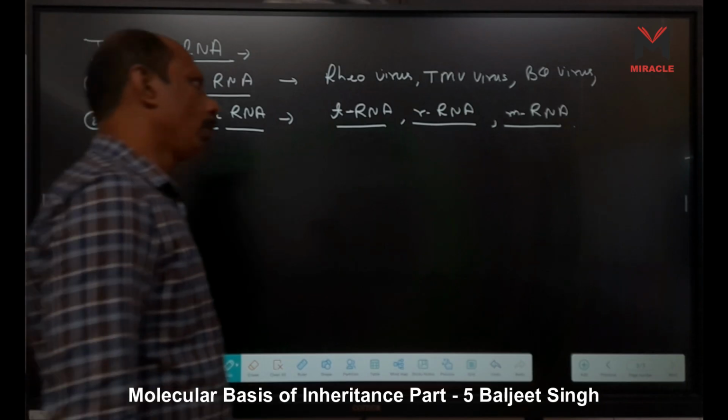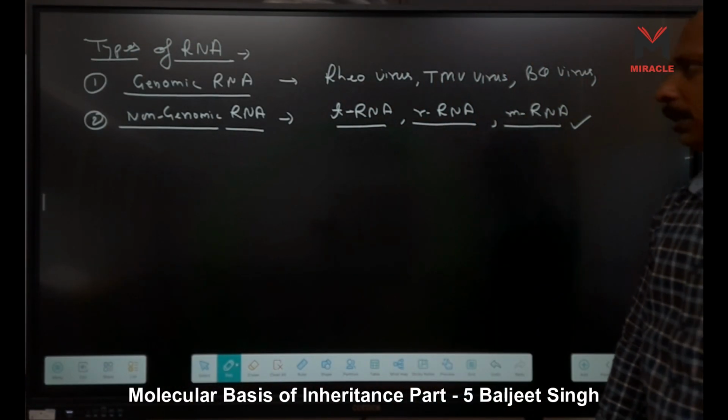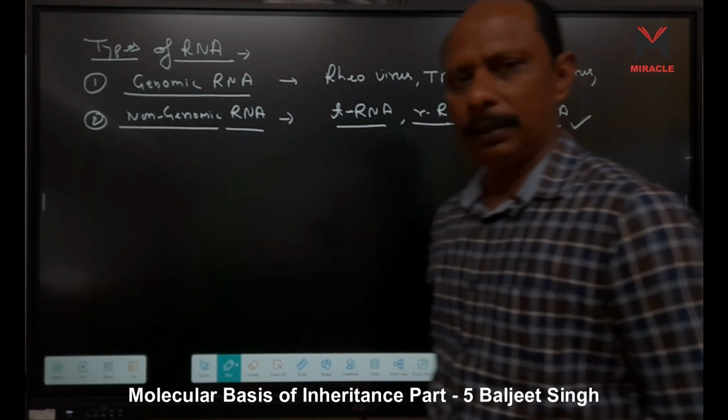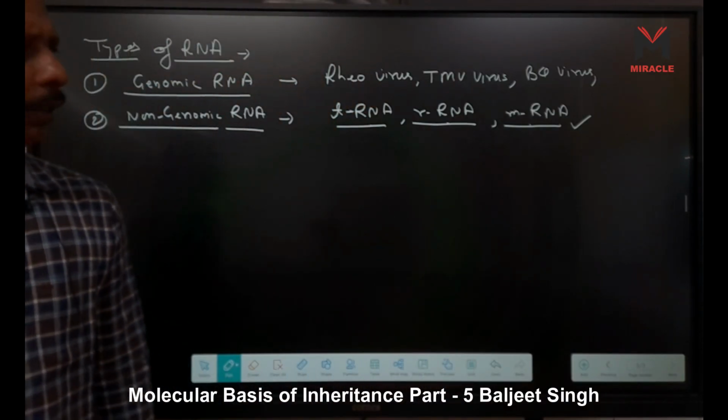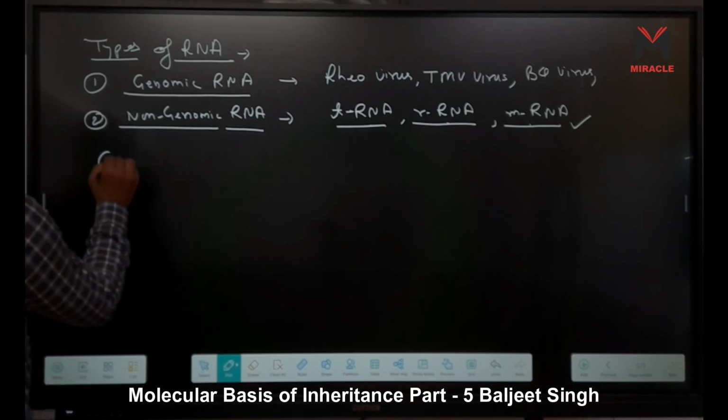Now here we are going to read these RNAs. Non-genomic RNA has three types: transfer RNA, ribosomal RNA, and messenger RNA, which are responsible for the metabolic activity.